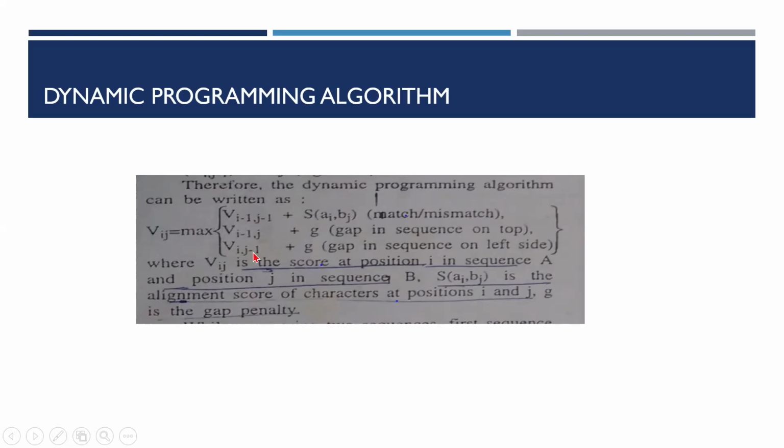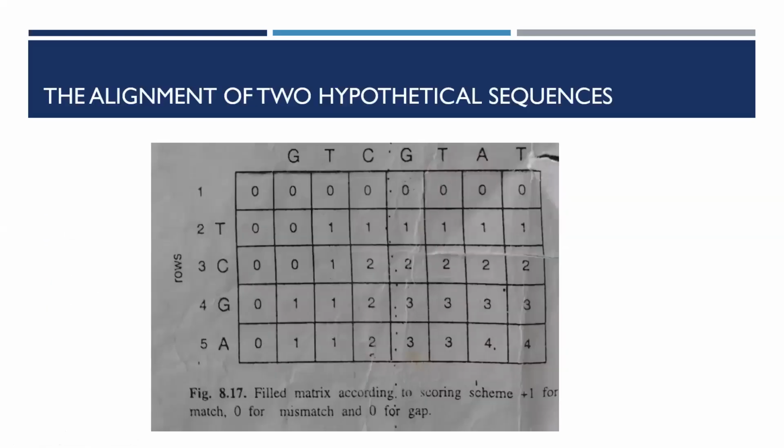The left position is also 0 plus gap penalty 0. So the value to be filled in the cell 2, 2 is the maximum of 3 zeros. What is the maximum of 3 zeros? It is 0. That's how the value in the position 2, 2 is 0.